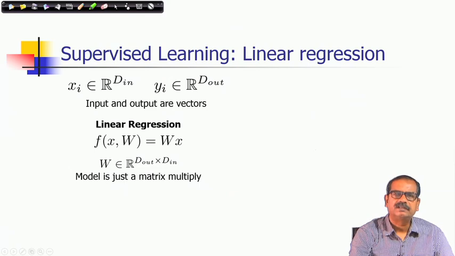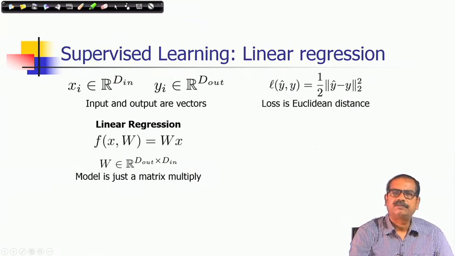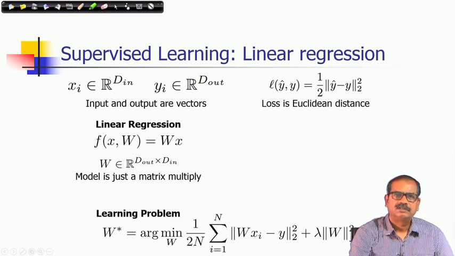You multiply with a matrix W, which gives you another vector, and that is a linear model here. The dimension of W should be d_out by d_in, because your output vector is of size d_out. It is just a matrix multiplication, that is the model here, and you can use the Euclidean distance, the norm of the deviations, as a loss.